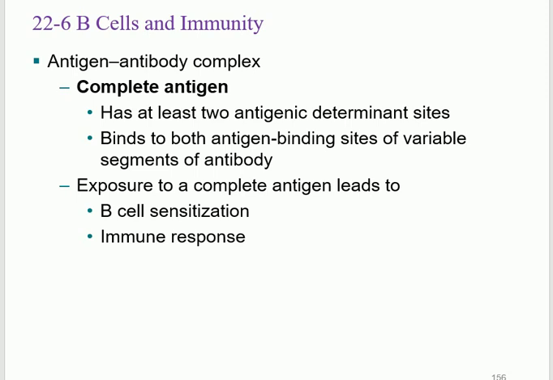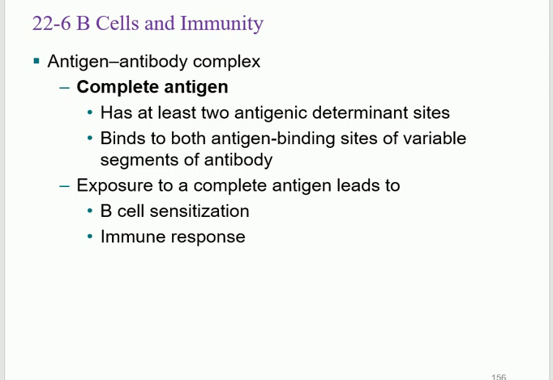So do you mean there is incomplete antigen? Actually, there is half antigen. A complete antigen has two antigenic determinants, which is what you are exposed to, you can be sensitized and you can start the process. You can mature to plasma cells, secrete the antibodies, and you start the immune response.